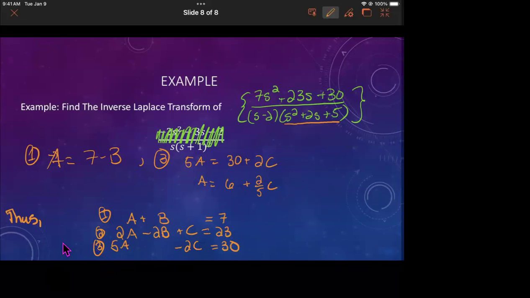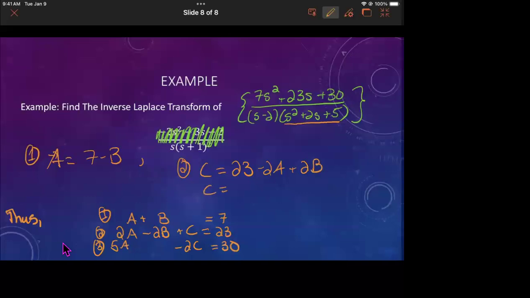So a is 7 minus b. And then from equation 2, I know that c is equal to 23 minus 2a plus 2b.